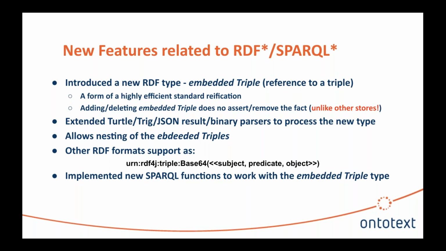Another thing we did was to extend the Turtle, the TriG, and the SPARQL JSON results serializations in order to enable this type of serialization. As some of you may already know, this type of embedded triple is not compatible with all the serialization formats like RDF/XML or JSON-LD, where you don't have a way to say, okay, I have a new type there, and how you should do this.